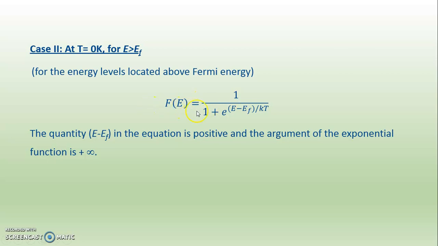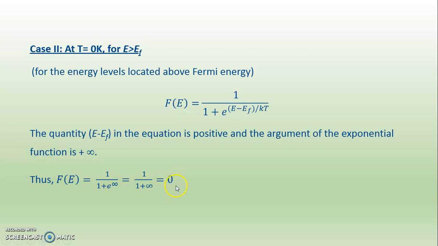So this function gives 1 upon 1 plus e raised to plus infinity. Thus f of E is equal to 1 upon 1 plus e raised to infinity, and e raised to infinity is infinity. So 1 plus infinity will be again infinity, and 1 upon infinity gives 0.